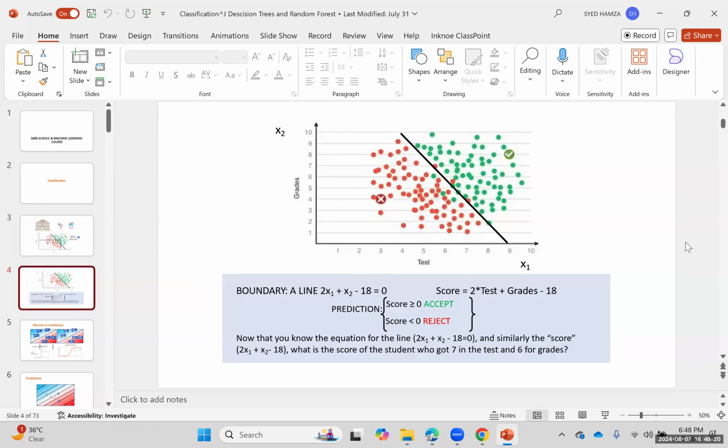Let's say the equation for the line is 2x1 plus x2 minus 18. Now this is not a linear regression equation, just another equation of a line, not in the form of y equals mx plus b. So you have x1, let's say this is your test, and x2 is your grades.